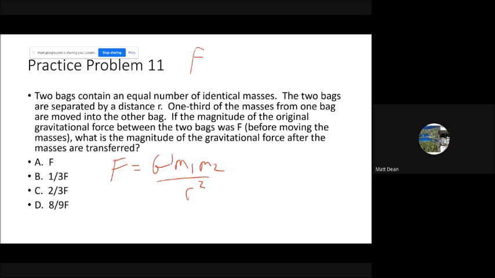So if M1 was 1 M1, well, let's say that's the bag we take 1/3 out of. So now instead of M1 being 1 M1, it's going to be 2/3 of M1 because we took a third away. And that extra third got added over here. So M2 started out as 1 M2, but now it's got an extra third. So it was 3/3 or 1. Now it's 4/3 times M2.